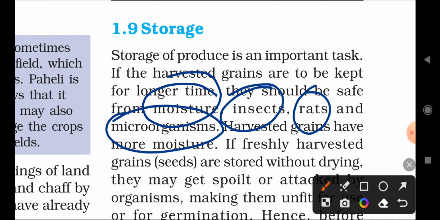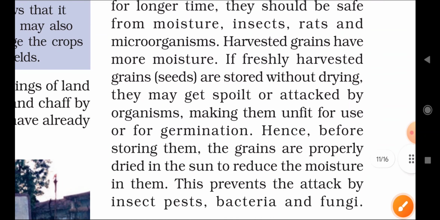If they attack the grains, the grains will be damaged and become less nutritious, and no one will purchase such seeds. Due to this, they are stored in the best place for a longer period of time.